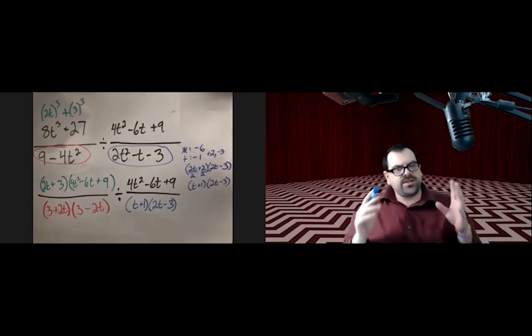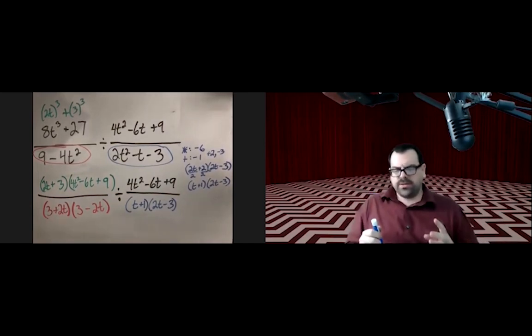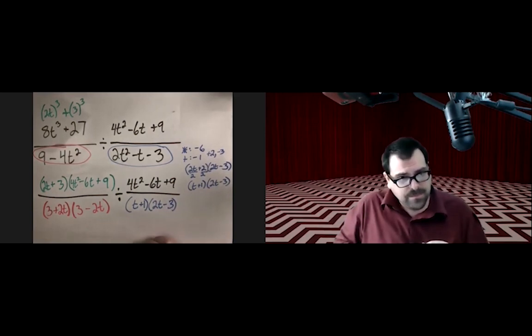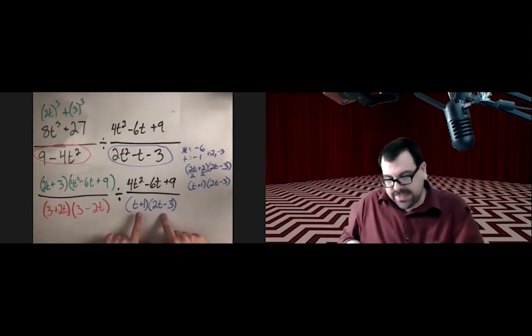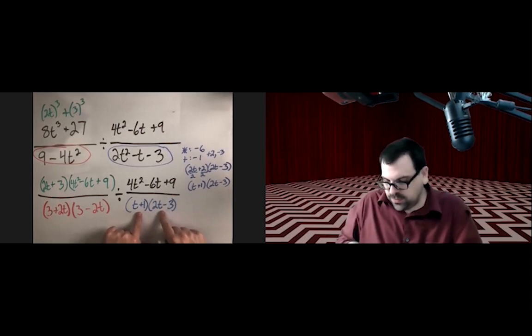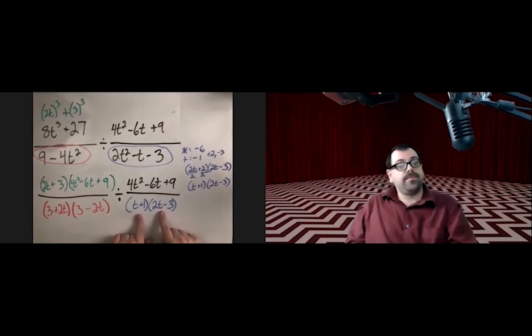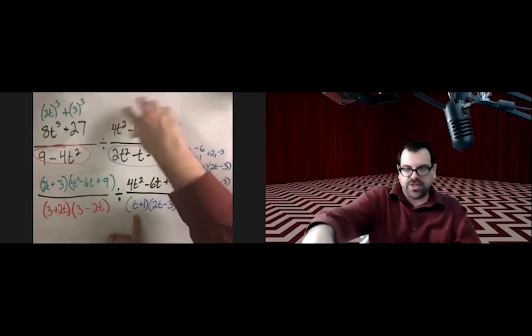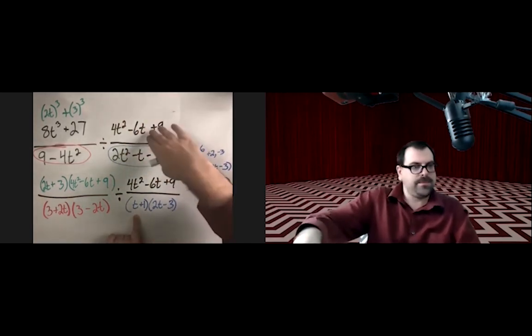Okay, why was it so important that we factor before changing to multiplication? Well, changing to multiplication flips the second fraction. Here we see a t plus 1 and a 2t minus 3 on the bottom. That means in this step, what do we get in terms of restricted value information? We get that t can't be -1, or this fraction is undefined.